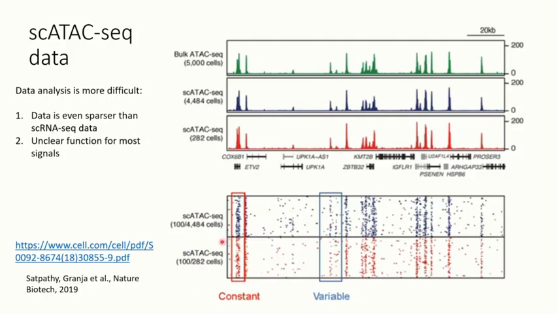Here, each row is a cell, and once you have a peak in that cell, you show non-zero values. This is across chromosomes. This is probably just one small region, and you have so many different positions.